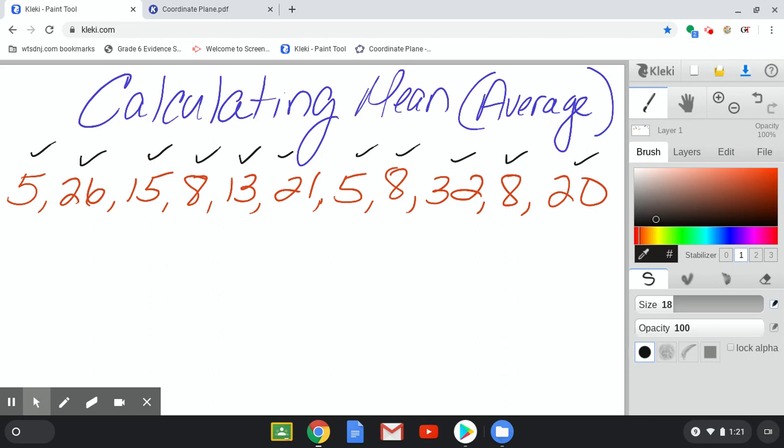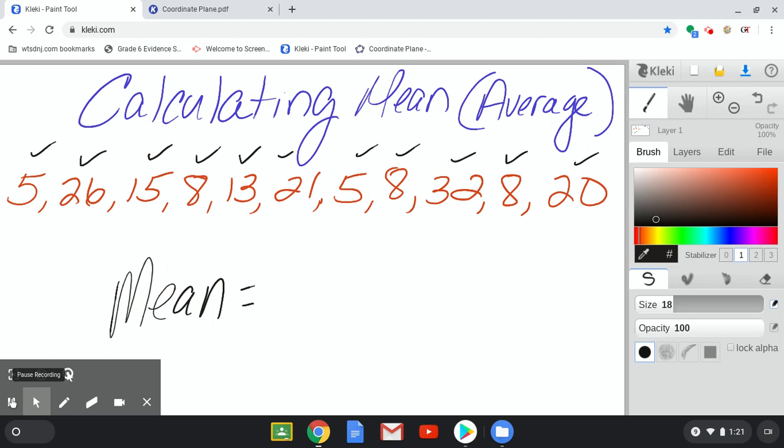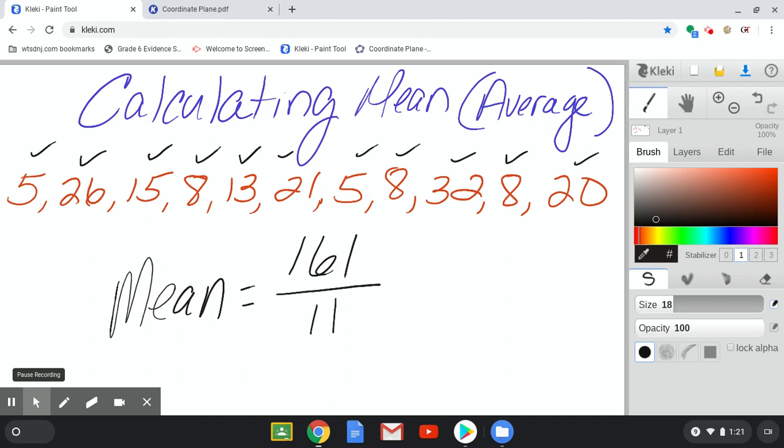I already did this, and when I added these up, I got 161, and then I still have to divide that by 11. So 161 divided by 11 gives me 14.6363, and that keeps on going.